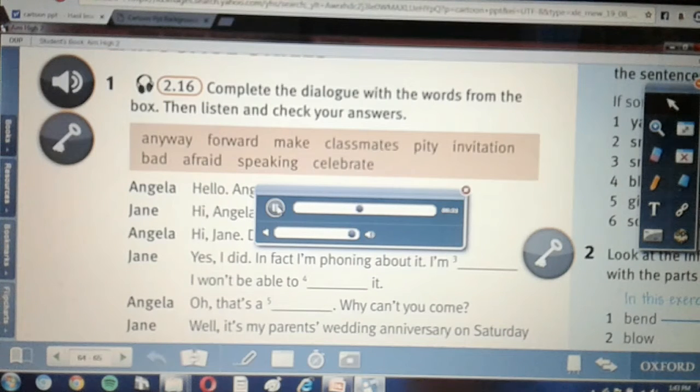Well, it's my parents' wedding anniversary on Saturday, and we're going to celebrate it with all the family. You can't miss that. No, I can't. It's too bad, because I'd love to come to your meal. Well, we can have another one next month. Yes, we can have one at my house. Anyway, who's going on Saturday? Our classmates from school. Anne, Sarah, Mary and Lisa. Well, I hope you have a good time. Thanks. I'm really looking forward to it. Bye. Bye. See you next week.